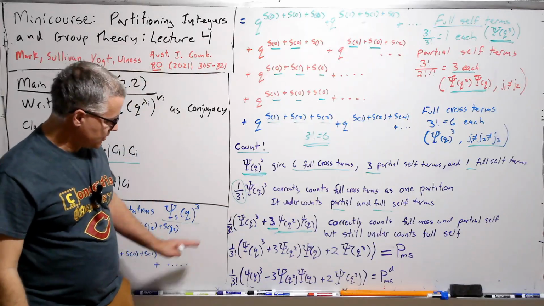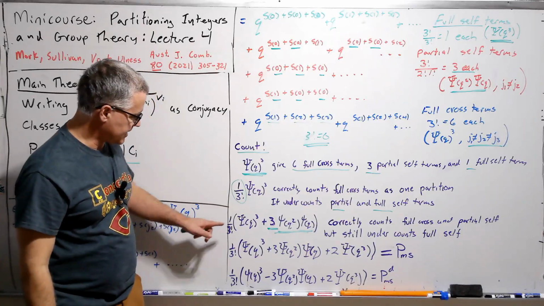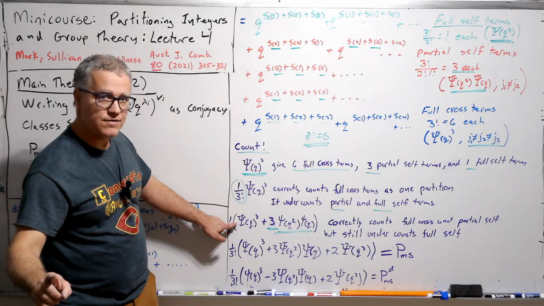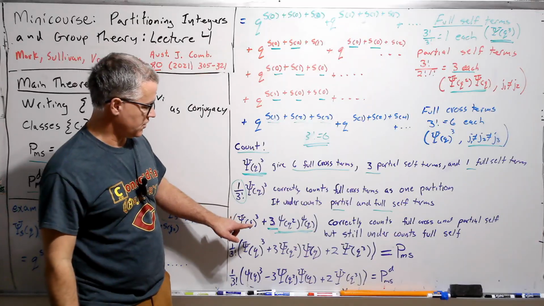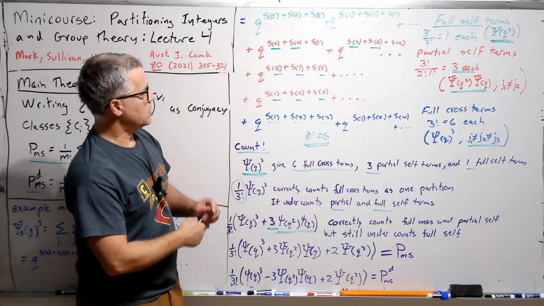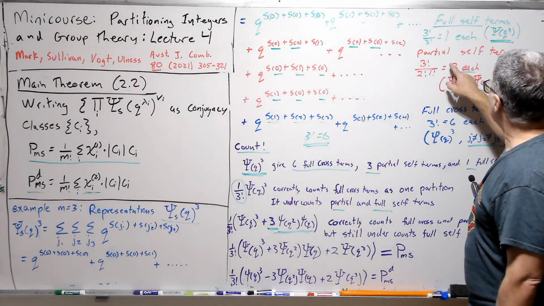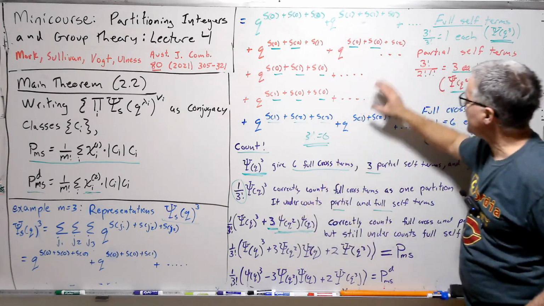Okay? So in doing this, let's look at what we have. Well, we have correctly accounted for the full cross terms. We have correctly accounted for the partial self terms. And now what about the self terms? Well, we've added this in here. So this is going to this, right? This is not the red.